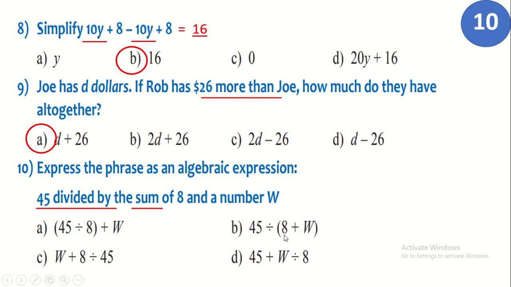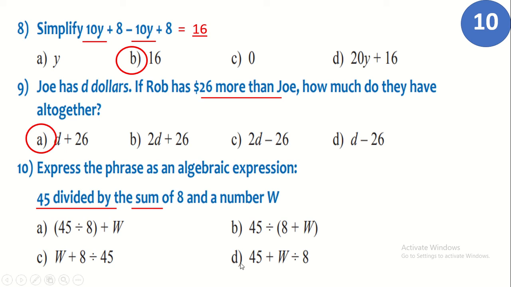B is 8 plus W. Now, letter C, 4 plus 8 is W divided by 45. Is this correct? If you do this one, you divide first, 8 divided by 45. This is not correct.